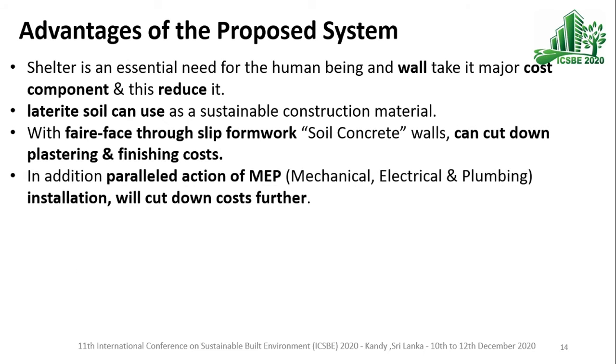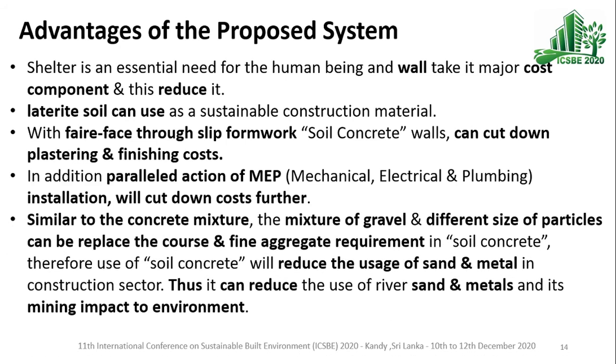Parallel action of MEP, mechanical, electrical, plumbing installations, will cut down further cost. Similar to concrete mixing, we use gravel and different sizes of particles, so that will reduce the sand and metal usage in the industry because we are using soil. Thus it can reduce the effects of sand and metal mining and the damage to the environment.